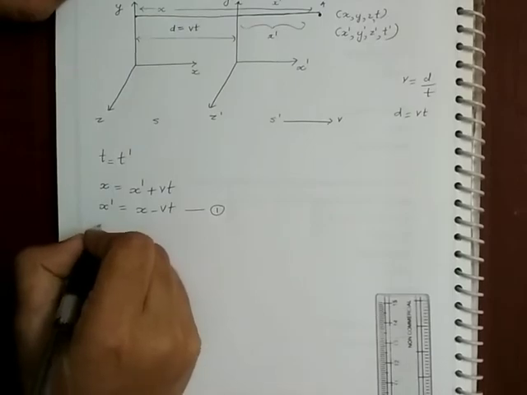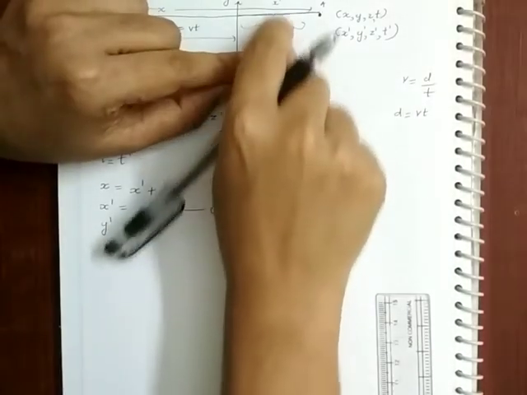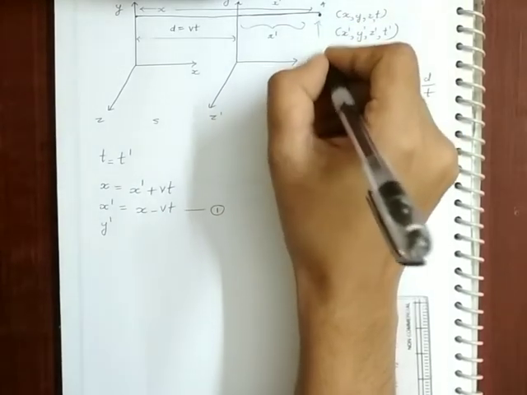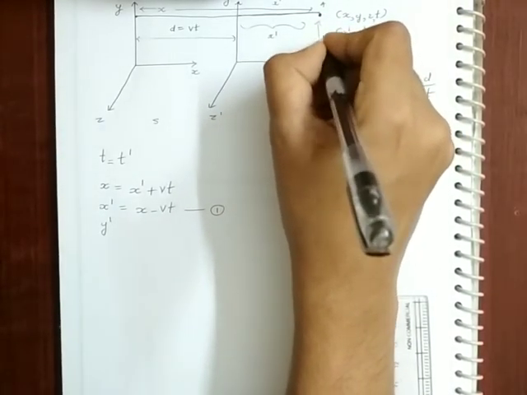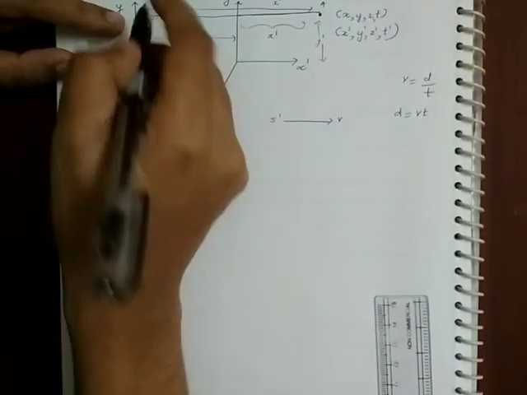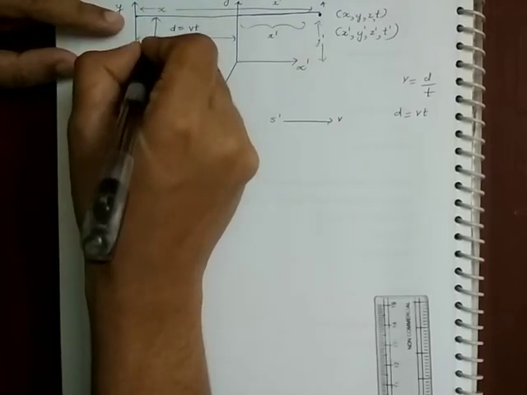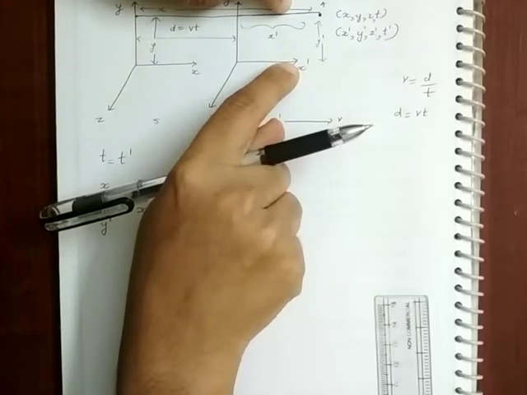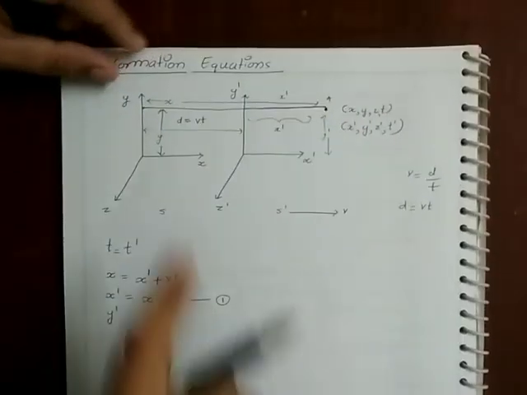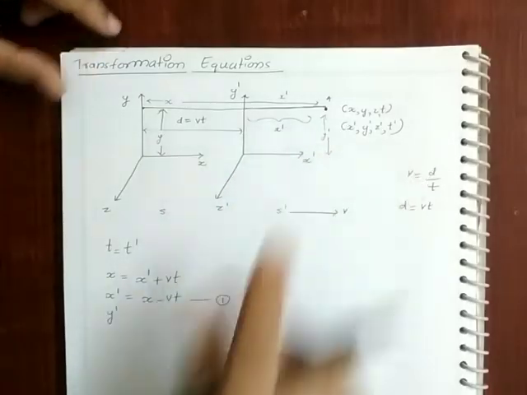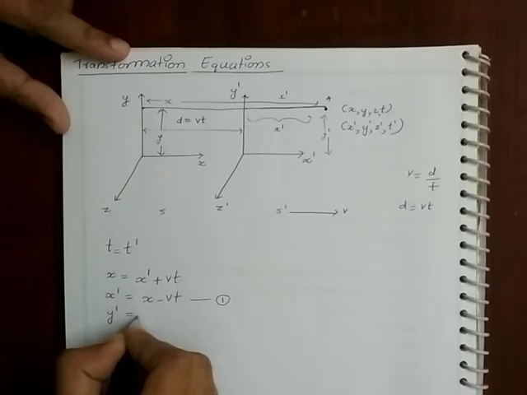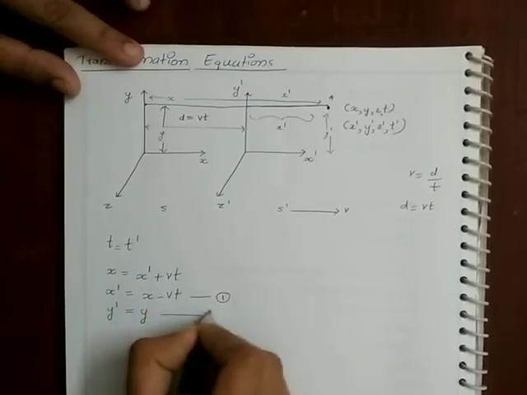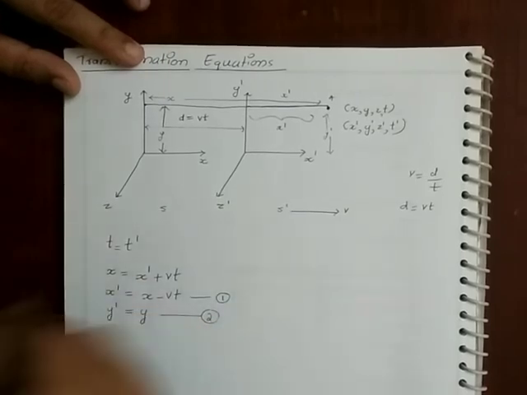Now when we check the y prime, now we check the vertical distance. This vertical distance is known as y prime, and that particular distance y prime is same in the case of first one also. As രണ്ട് കേസിലും vertical distance always remains same, that is y is equal to y prime, that is y prime is equal to y is our second Galilean transformation equation for the coordinates.